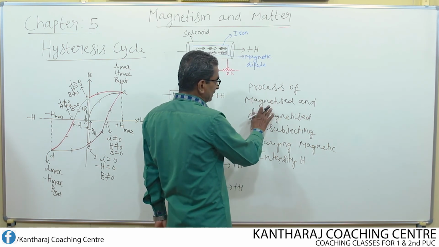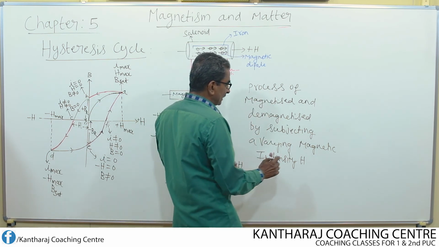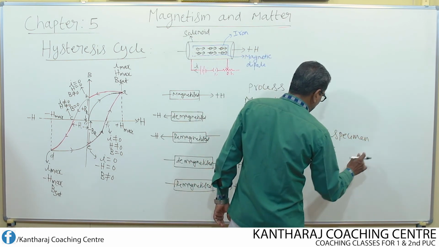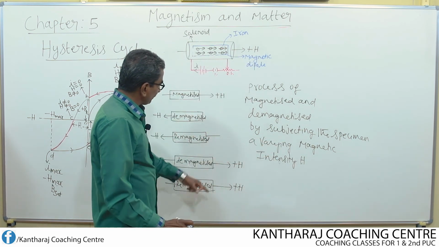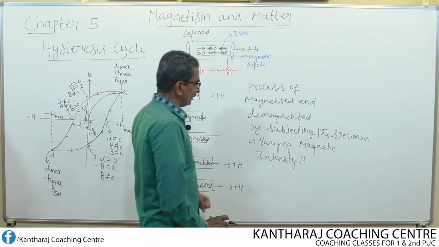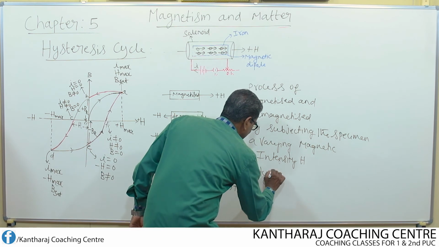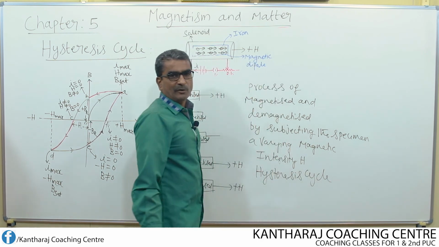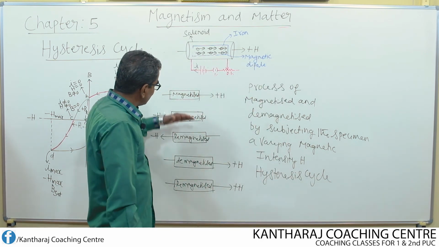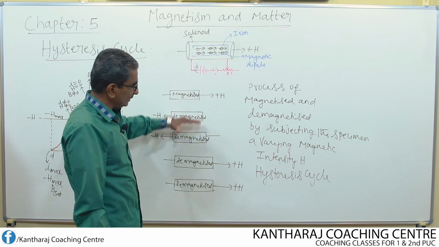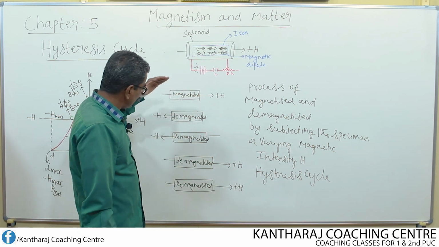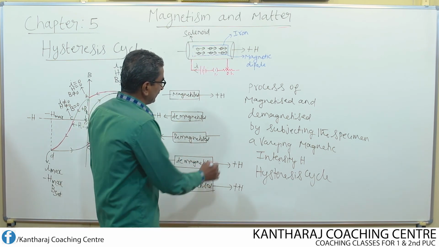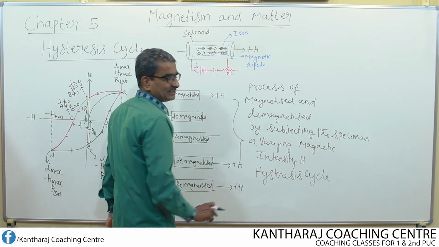So magnetize this, demagnetize this. How? By subjecting the specimen, that means keeping the specimen in varying magnetic intensity, is known as hysteresis cycle. How should magnetization and demagnetization be done? It should be according to this: magnetize, demagnetize, remagnetize, demagnetize and remagnetize. So, this process itself is known as hysteresis cycle.